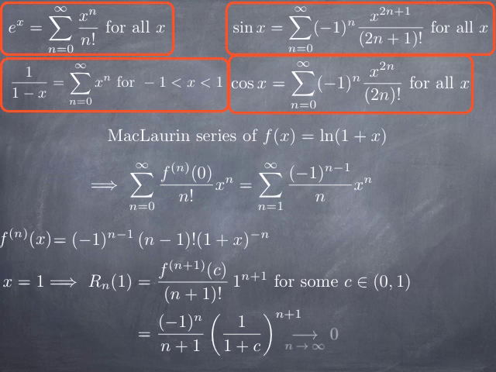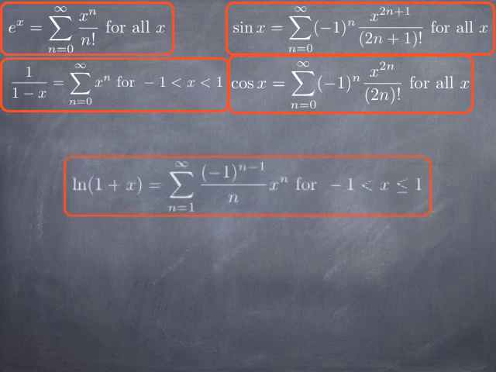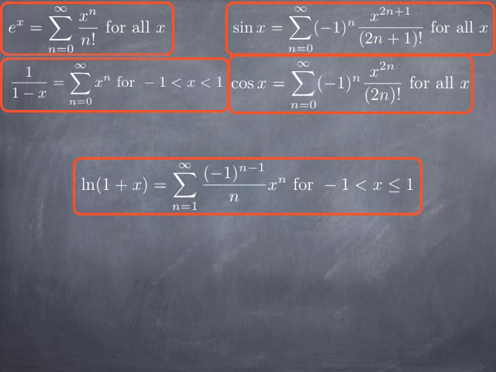So that means that the nth remainder at 1 goes to 0, and we can conclude that ln of 1 plus x is equal to the sum of this Maclaurin series for x strictly greater than -1, but less than or equal to 1. So in particular, we have equality for x equal 1.